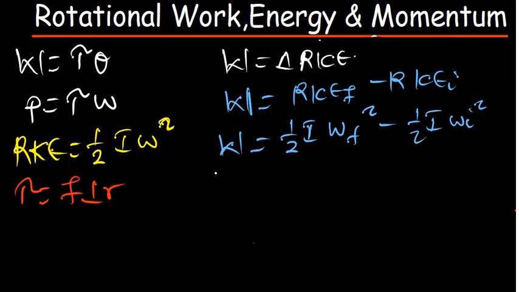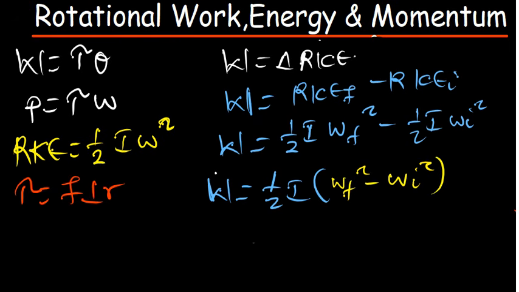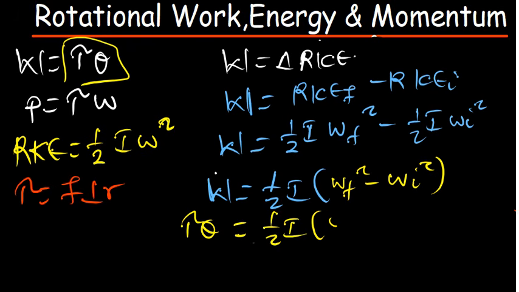Now I can clearly see that I can factor out half inertia, so inside there I'll have the final minus the initial. Now I know that work is torque times theta. So I'll replace work with torque times theta, which is equal to half inertia times the final squared minus the initial squared.